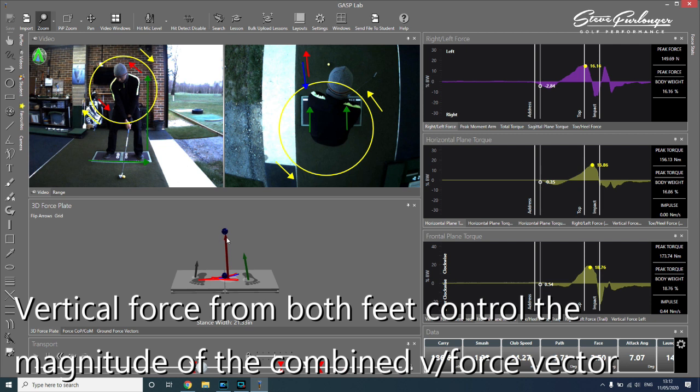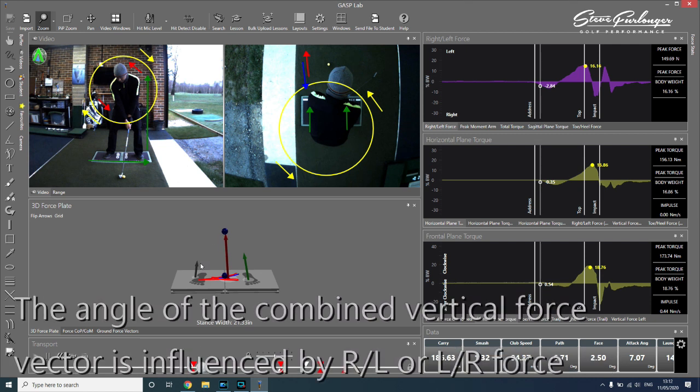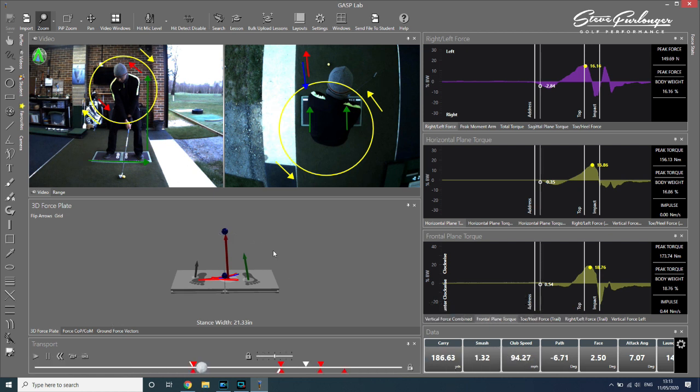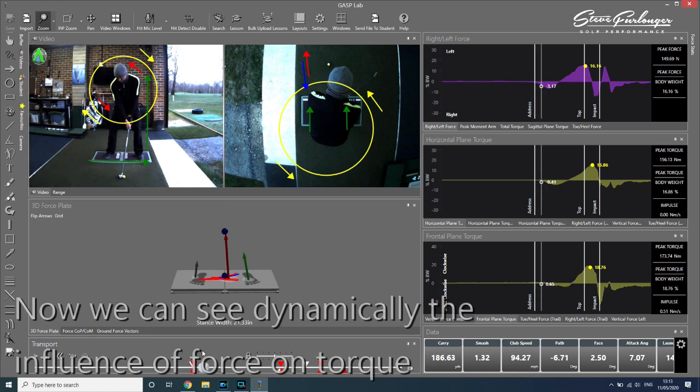The red arrow and its direction, angle to the ground from this view, is influenced by left-right force, making that arrow drop this way. It's angled towards the right foot, or right-left force, making the arrow drop towards the target and towards the left foot. Okay, so what's really cool is this visual, and as I play the swing you can see that left-right force just influencing the direction of the combined vertical force vector there.